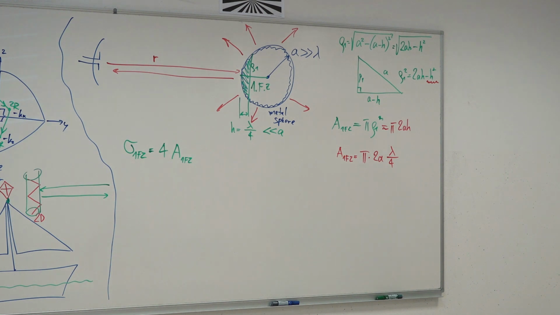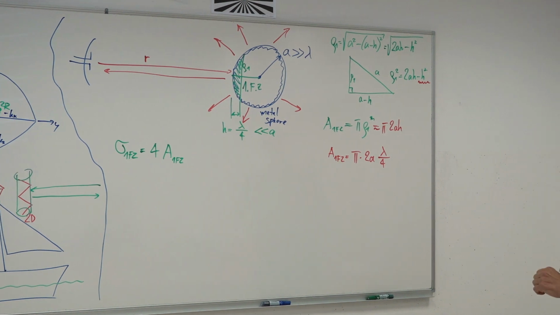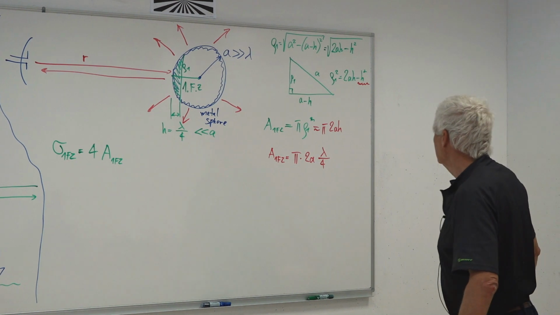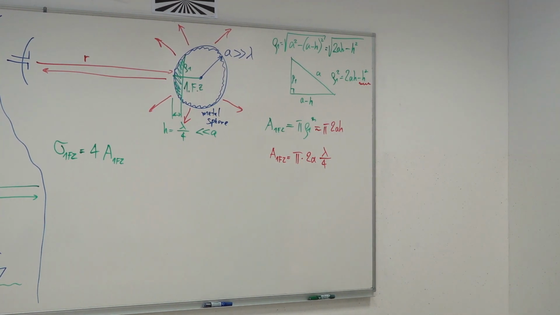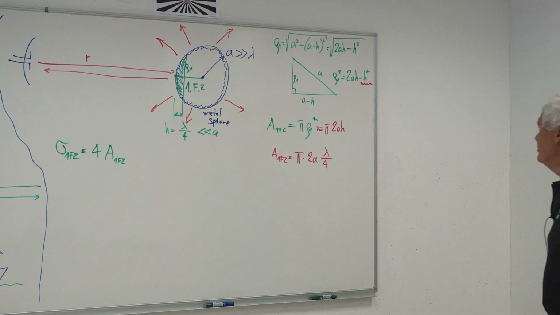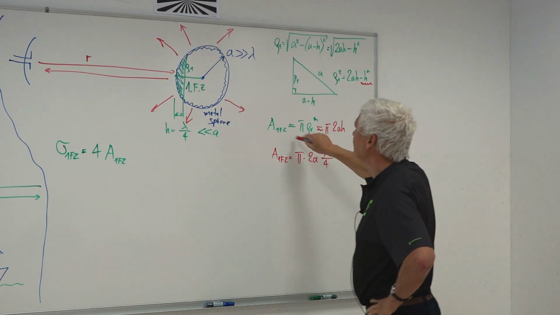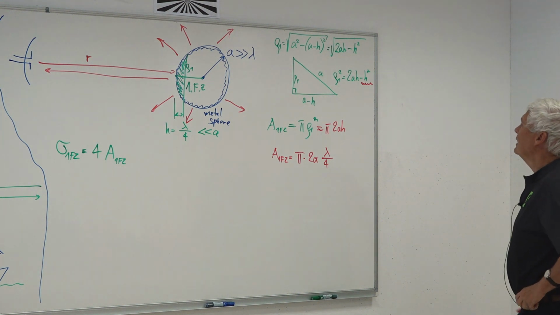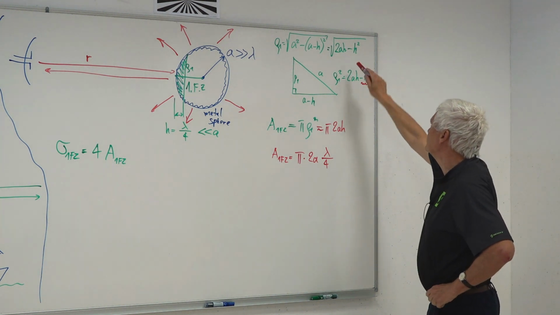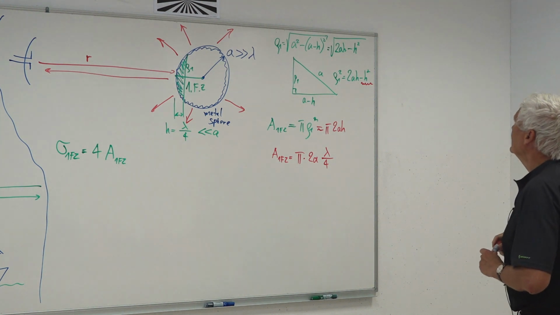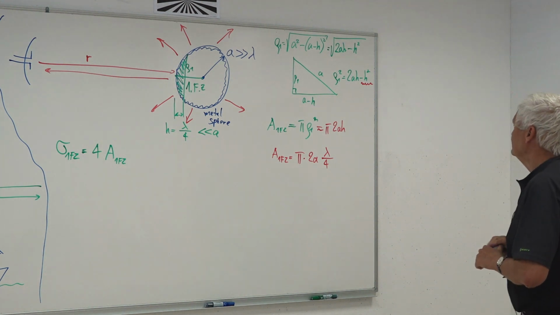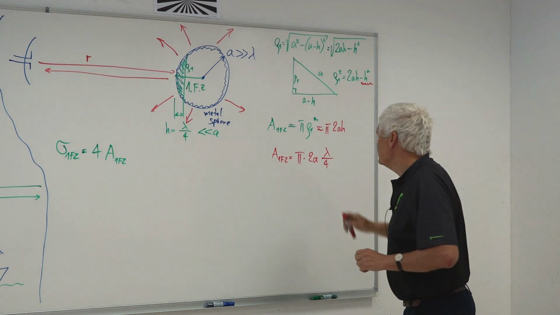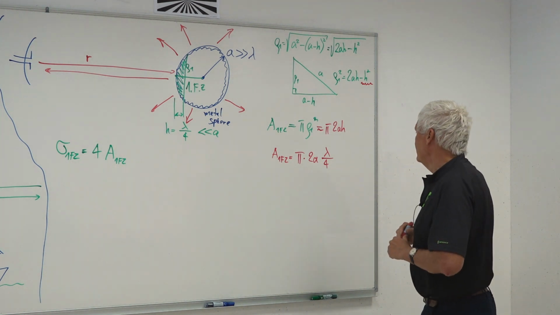And now I could... 2AH, yes, I still miss something here. Maybe I was just too quick with the area of the first Fresnel zone. I calculated rho 1 squared without the square root, and I put lambda squared here.